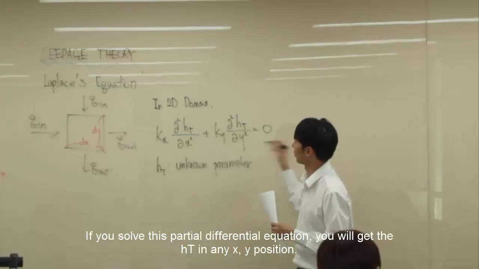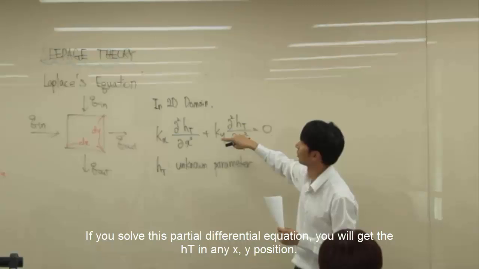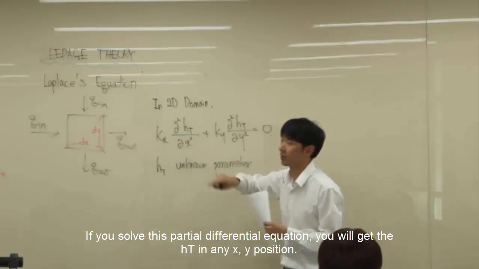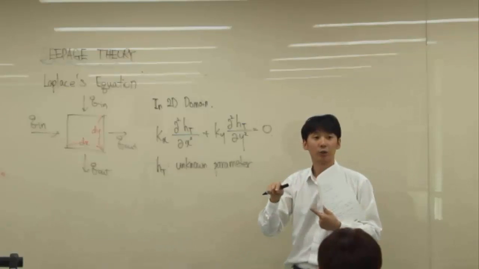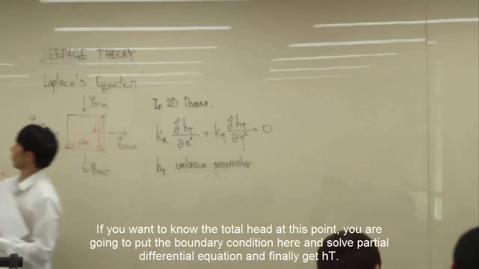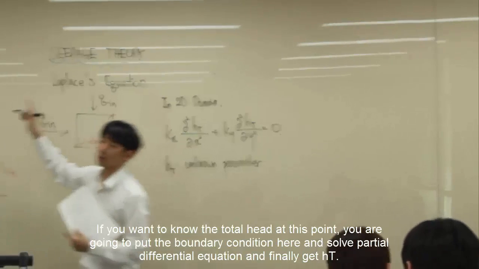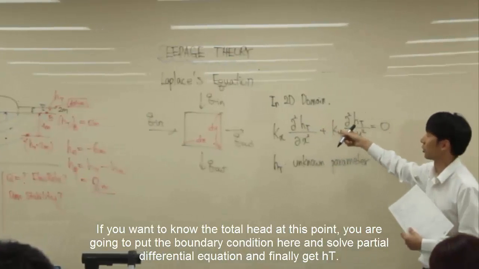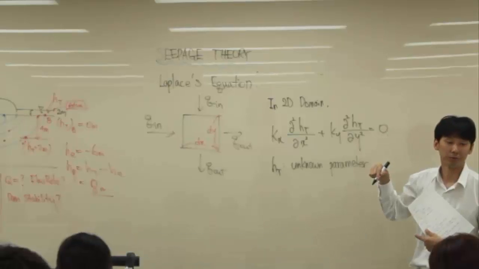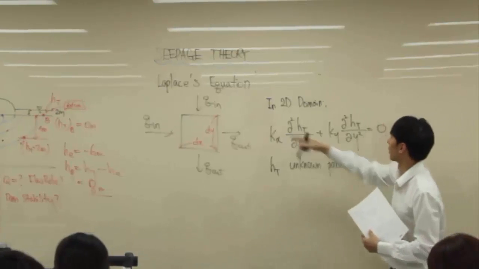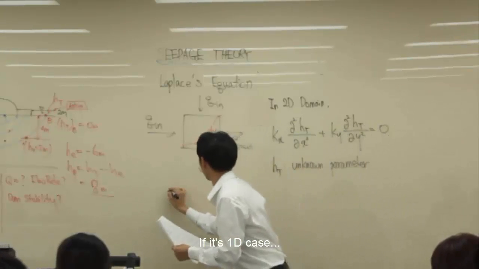This is a partial differential equation. If you solve this, then you will get the HT at any xy position. For example, if you want to know the total head at this point, then you put the boundary condition here and you solve this partial differential equation. Then you get the HT. So this is the governing equation that you want to solve.